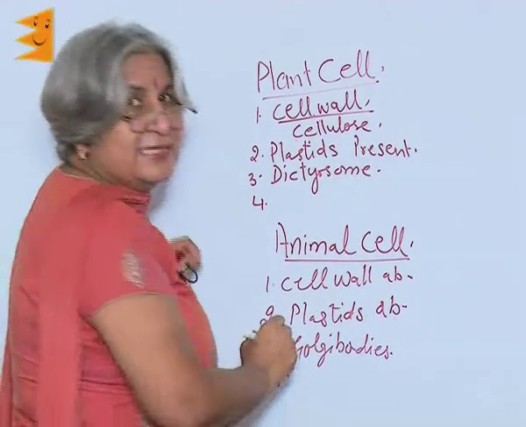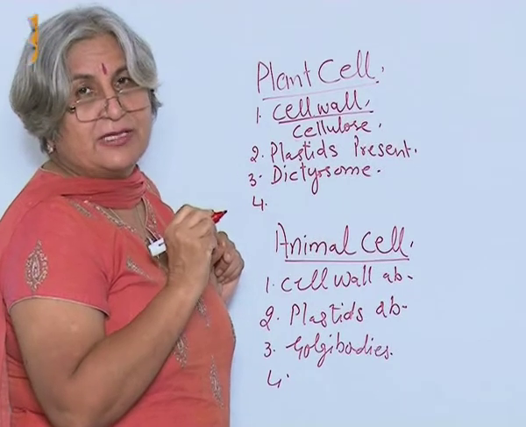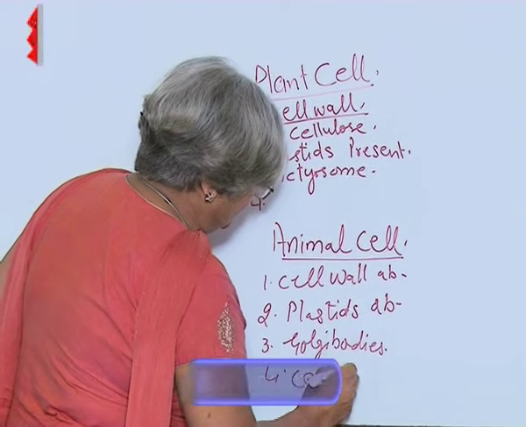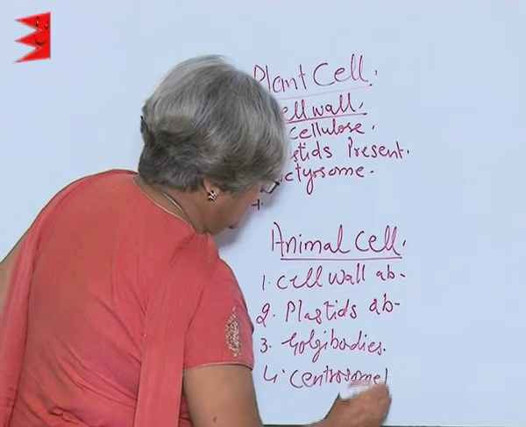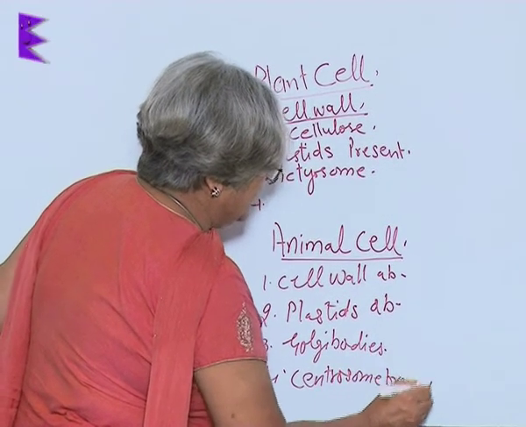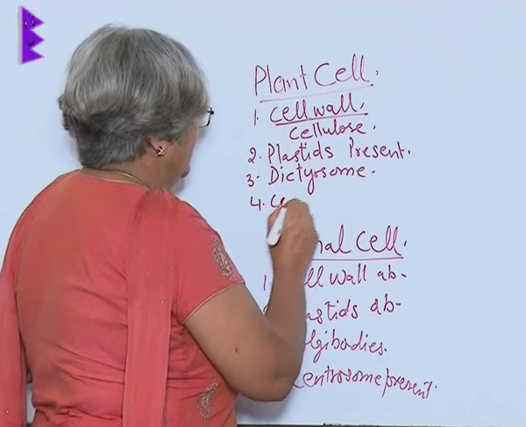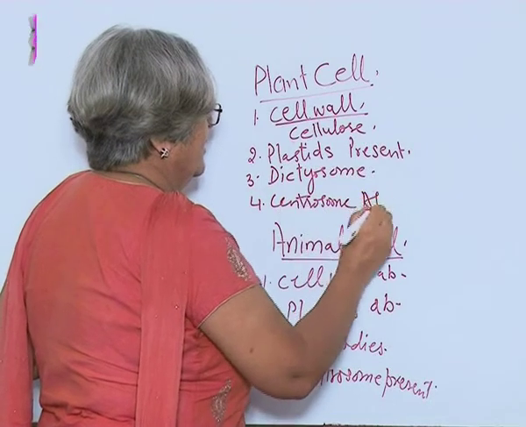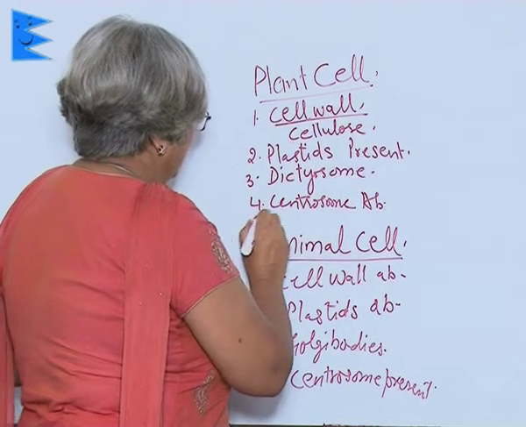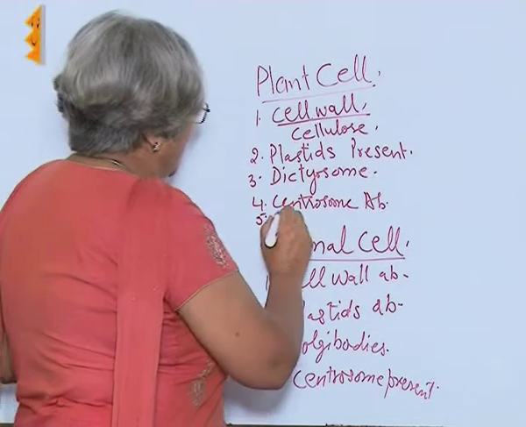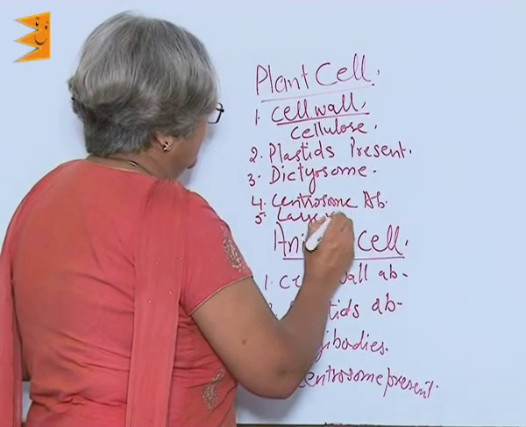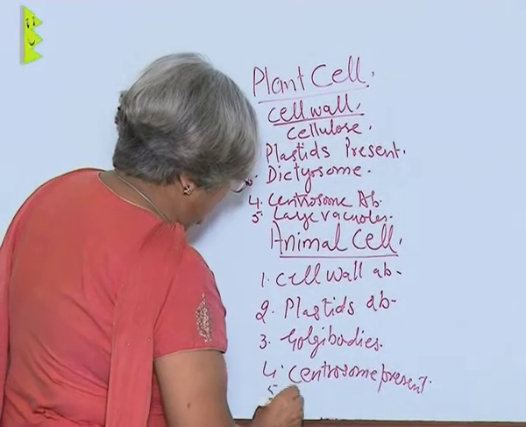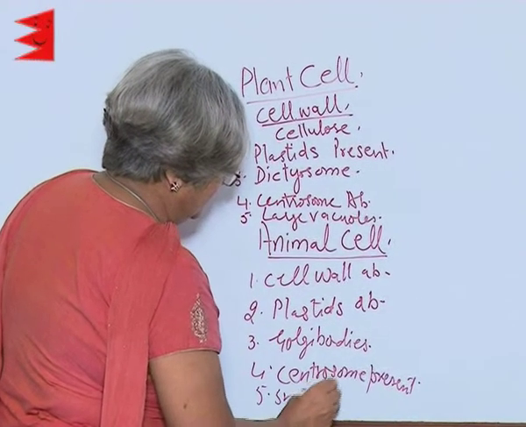Then animal cells have one more part just outside the nucleus, which is called Centrosome, which is absent in the case of plant cells. Lastly, plant cells have large vacuoles and animal cells have small vacuoles.